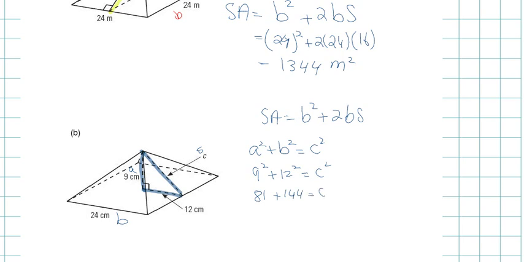which is 225. And then don't forget that you need to find the square root. To find c, you need to find the square root. So c equals 15.